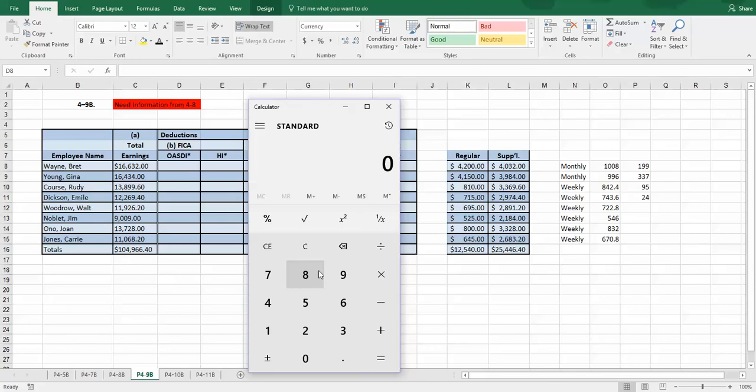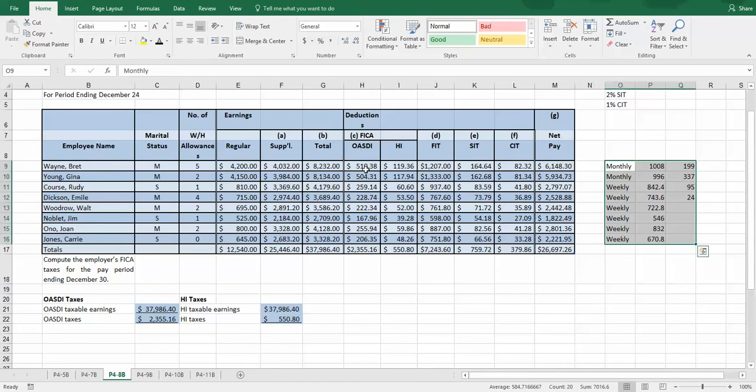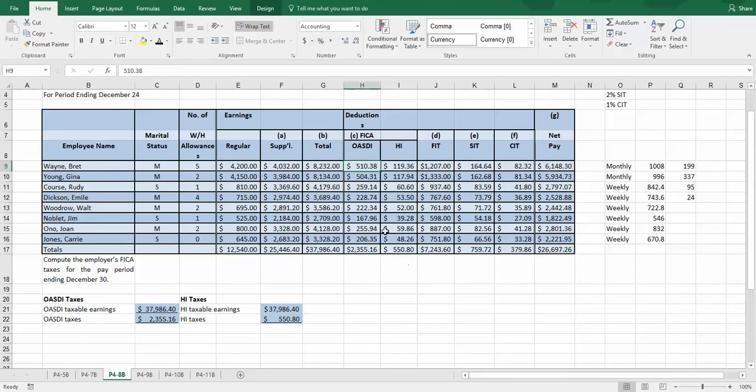Let's see. So we have 4,200 times 6.2%, which gives us $260.40. Multiply that by 2 gives us $520.80. We're going to add that to the OASDI we calculated over here of $510.38.